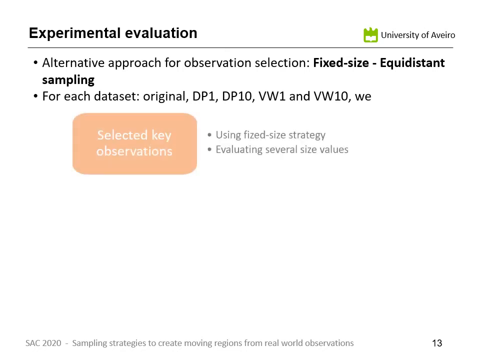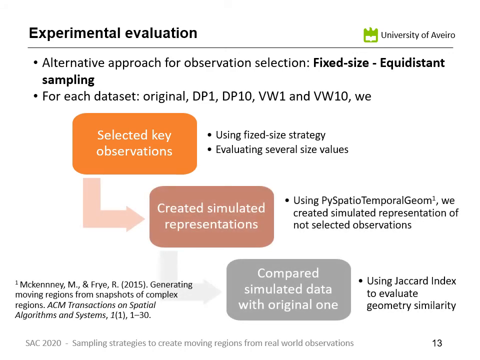Then, we also compared our distance-based approach to uniform sampling. In uniform sampling, equidistant observations are selected. After selecting the key observations, we used an interpolation algorithm from the literature to generate the burnt area representations at time instants corresponding to the observations we didn't select.